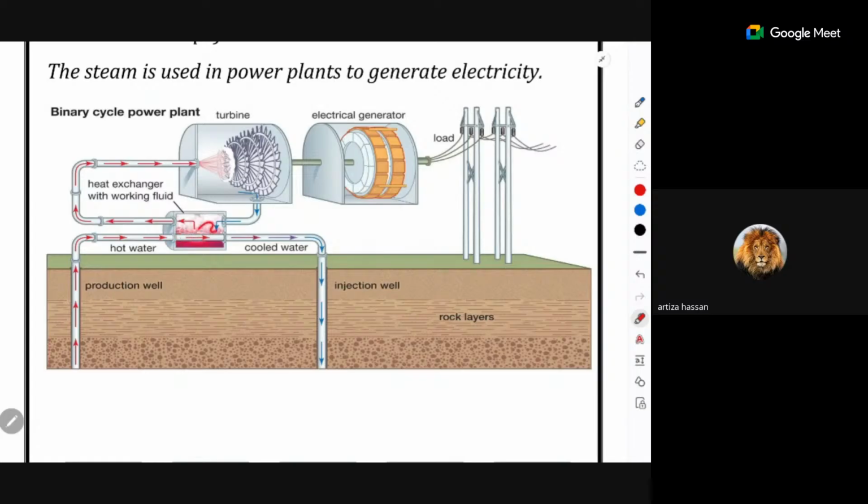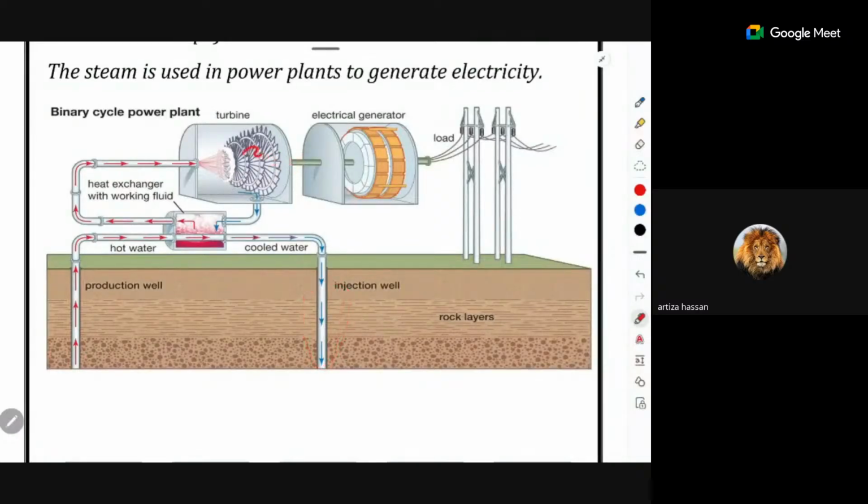And then this water is placed in this heat exchange chamber. In this heat exchange chamber, the hot water is further boiled and converted into steam, and then the steam is thrust onto the turbine, right? The turbines run, and the water loses its energy, and then it is collected back in this chamber, and then it is sent down through the injection level into the earth.